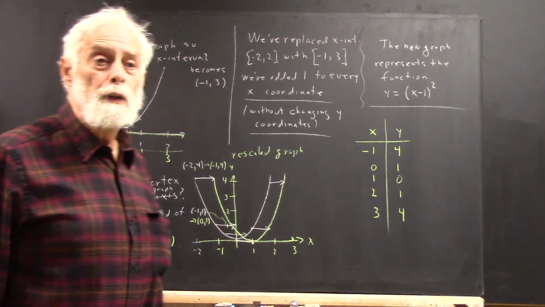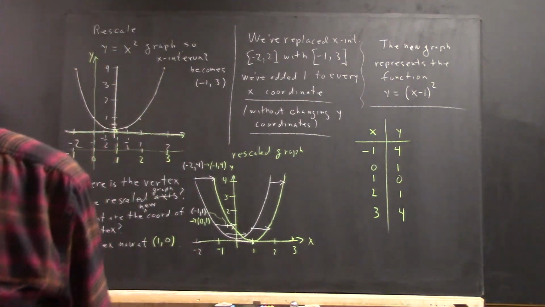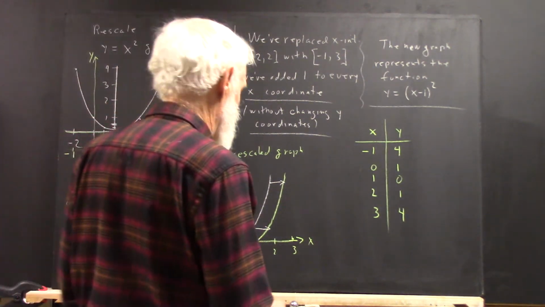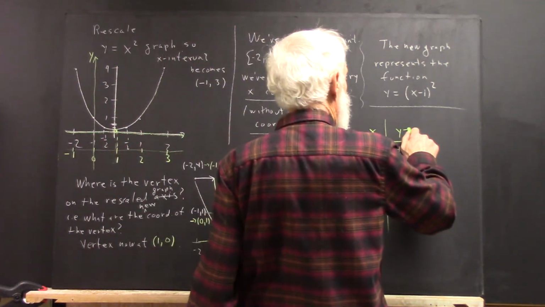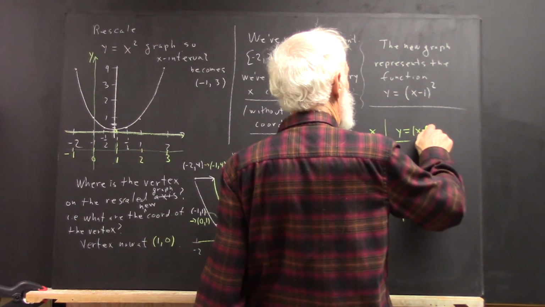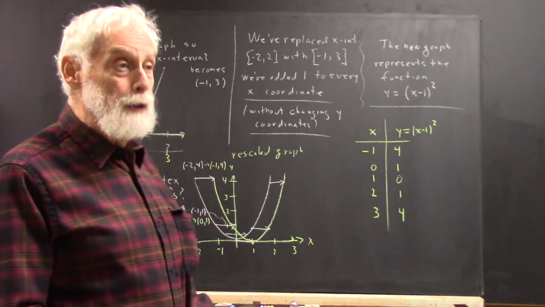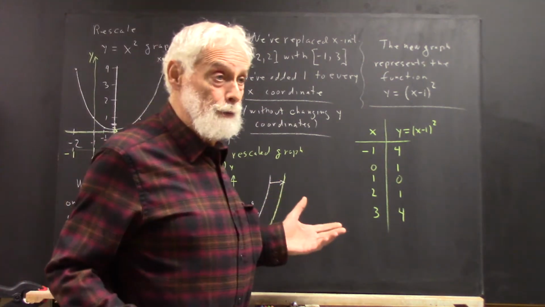It's x minus 1 squared. So this function is x minus 1 squared.